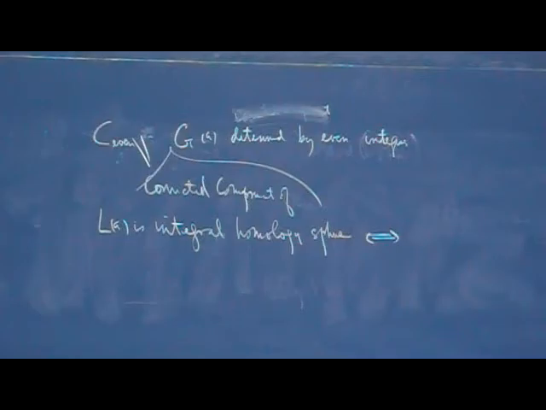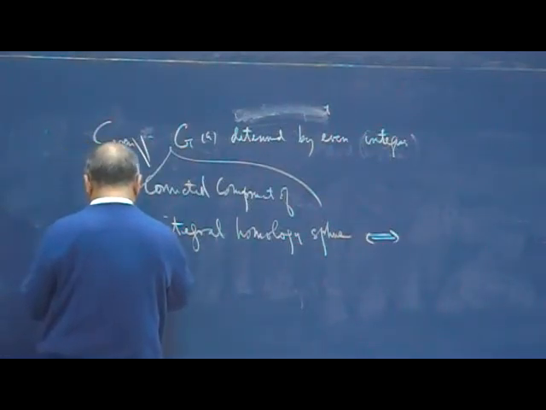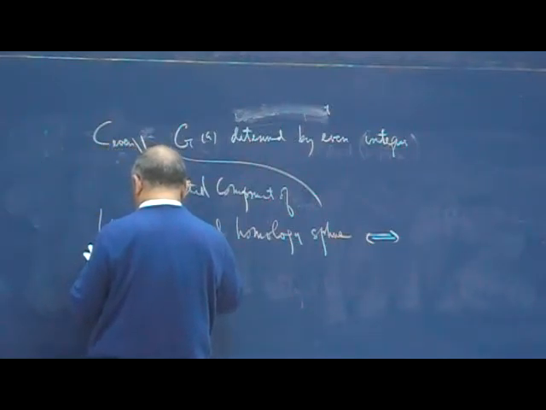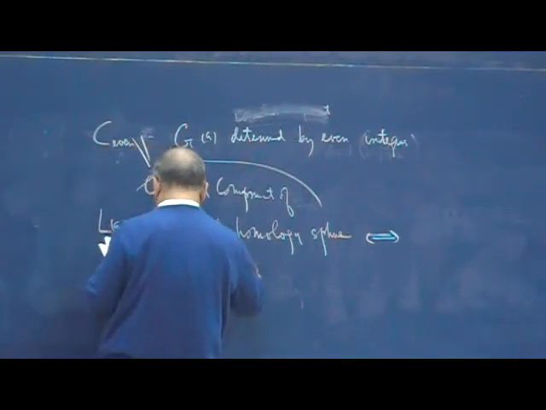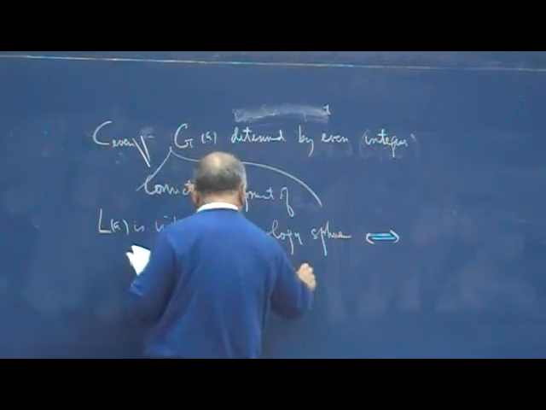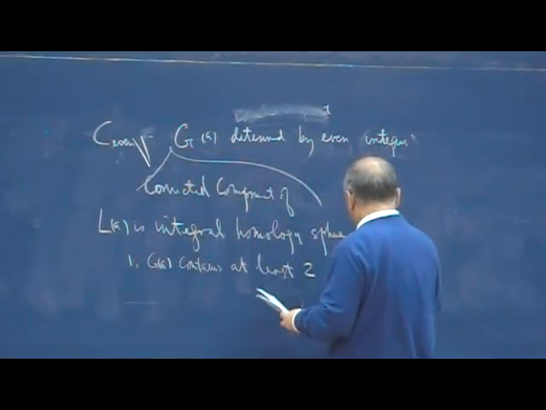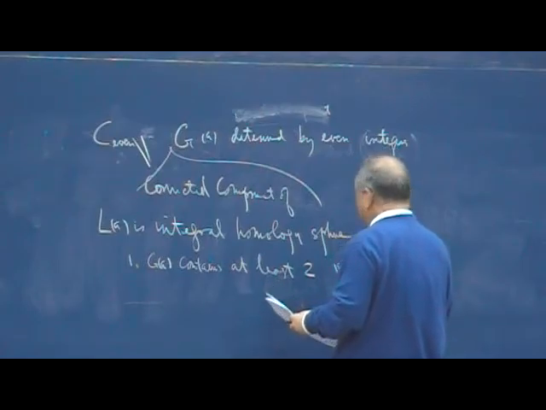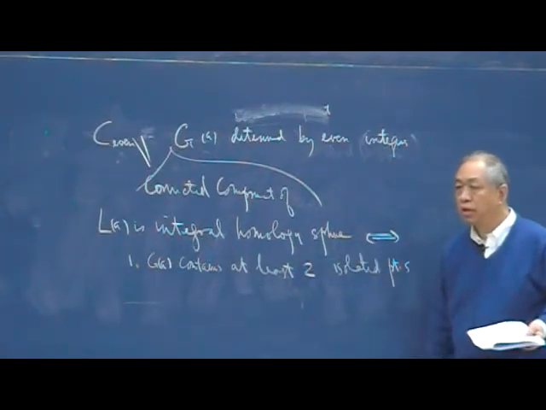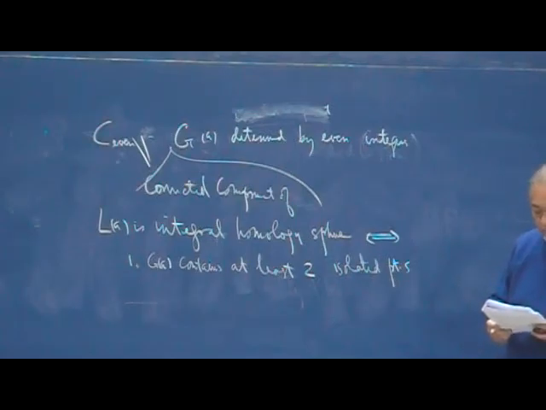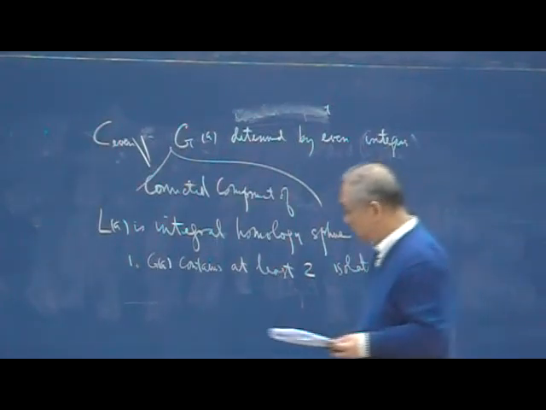So this concludes the following statement. Either GA contains at least two isolated points. So in this graph, if it contains at least two isolated points, then it's a homotopy sphere.